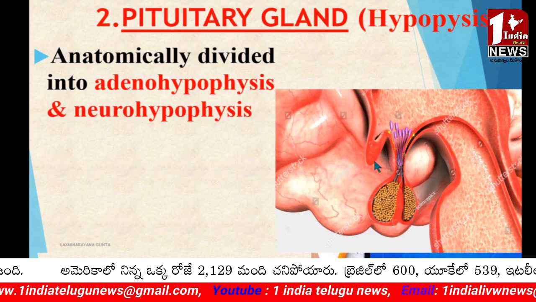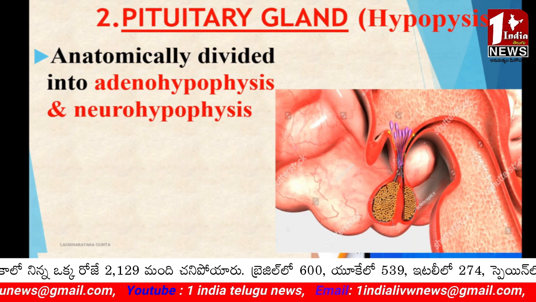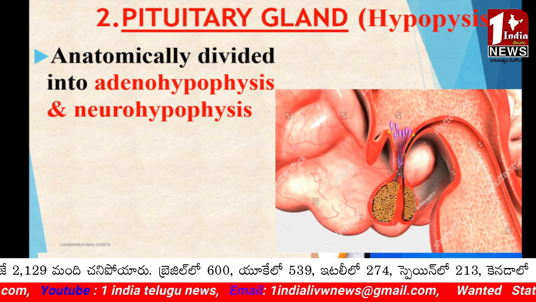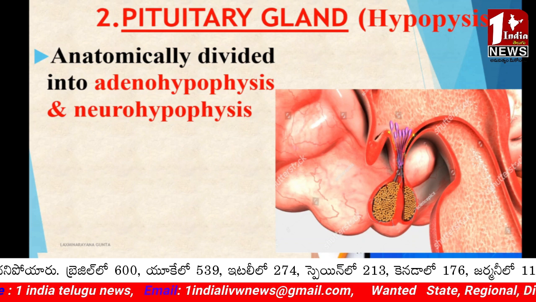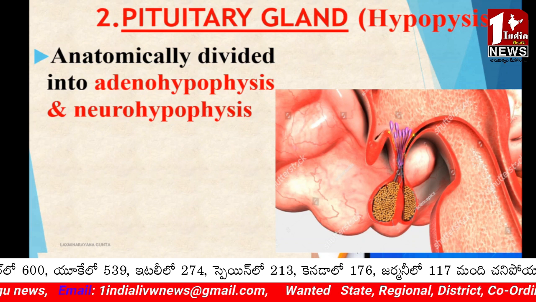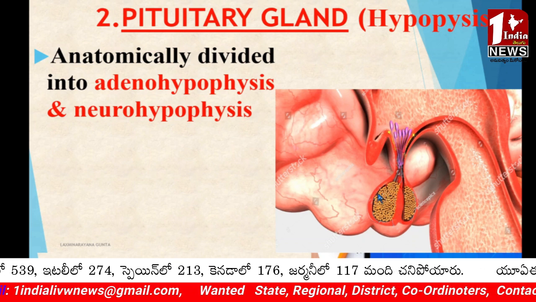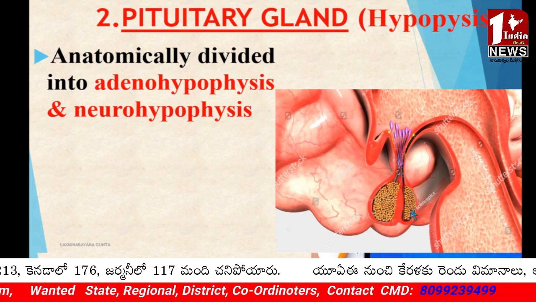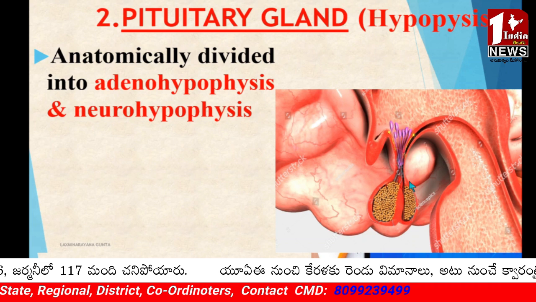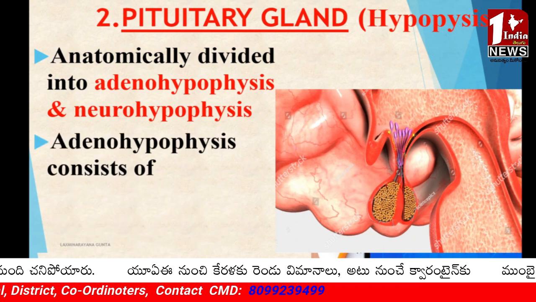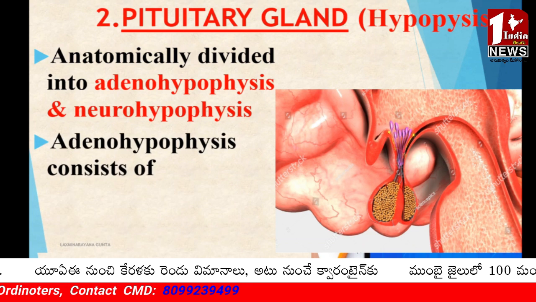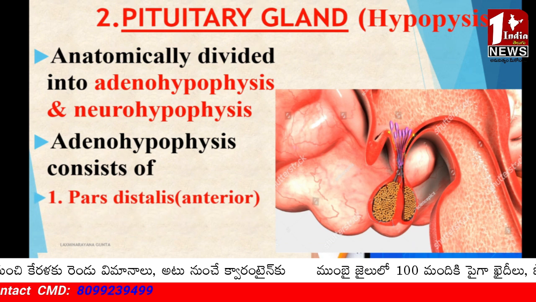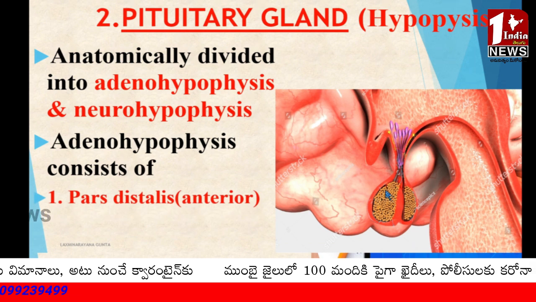This pituitary is anatomically divided into two portions according to the NCERT syllabus: the adenohypophysis and the neurohypophysis. Here, this portion is called the adenohypophysis, and this portion is called the neurohypophysis. The adenohypophysis again contains two regions, the pars distalis and the pars intermedia.